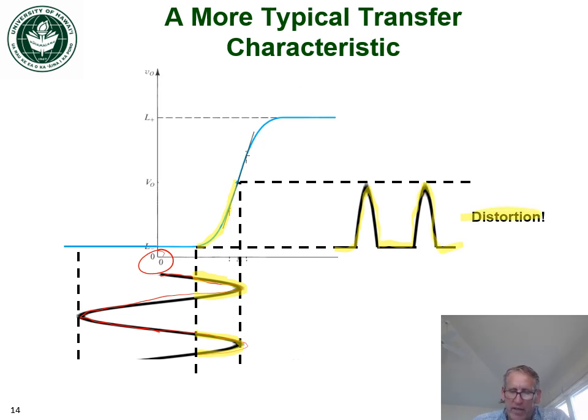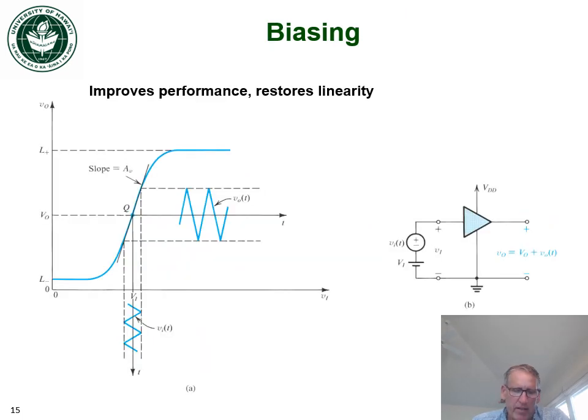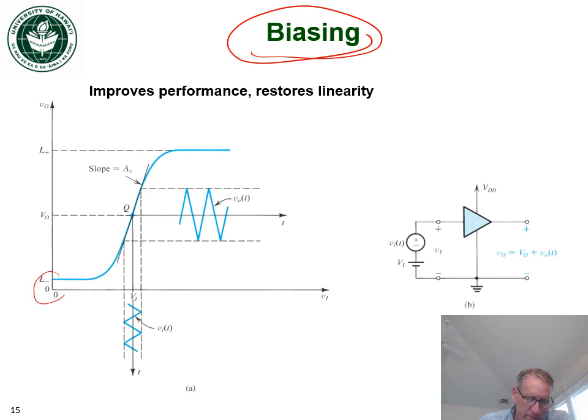Obviously, this is going to create significant distortion. The amplifier is going to work a little bit, but not very well. So how are we going to solve this problem of amplification, where we get all this distortion, or in the previous example, no amplification at all? The key here is something called biasing, and that is we add a DC offset to our signal. So instead of having it centered around 0 volts, we shift it over by some DC.